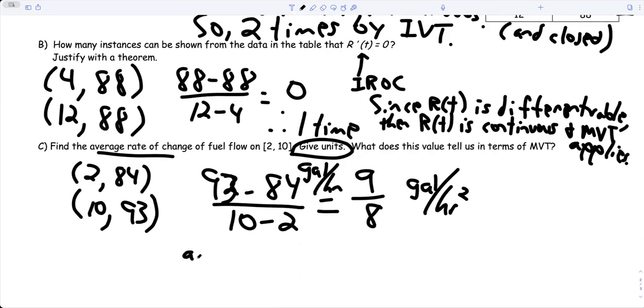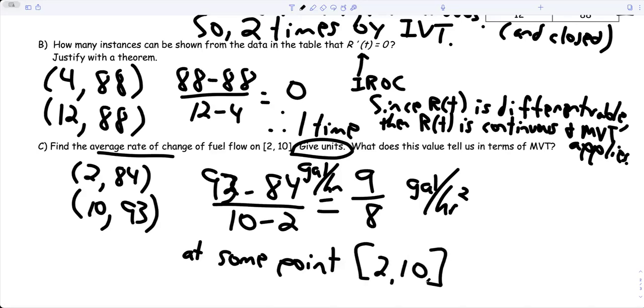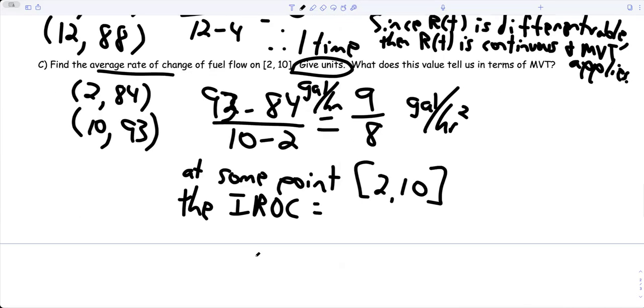Okay, so what does this value tell us in terms of MVT? It tells us at some point on the interval from 2 to 10, the instantaneous rate of change equals 9 over 8 gallons per hour squared.